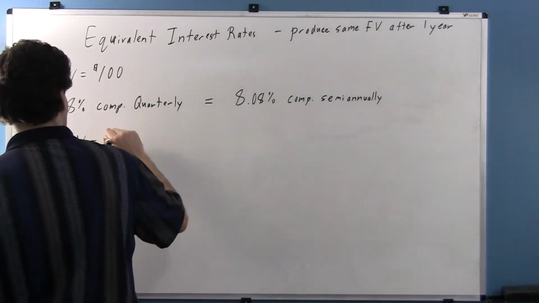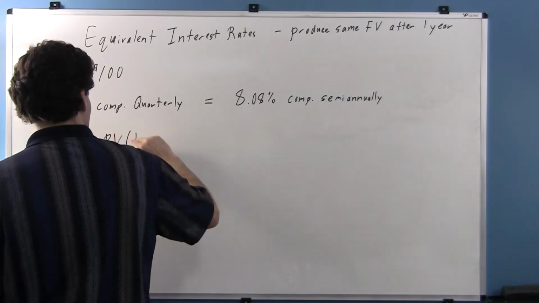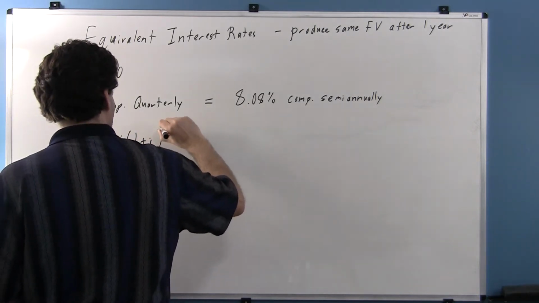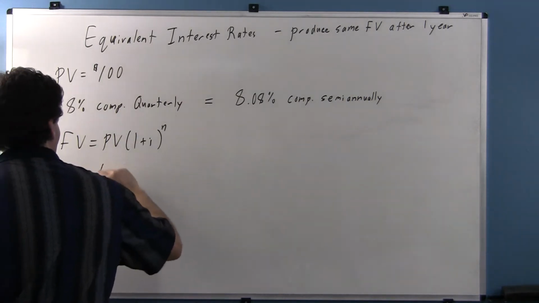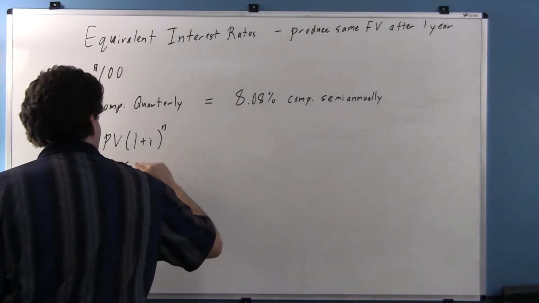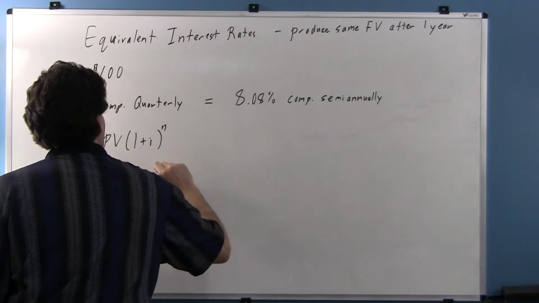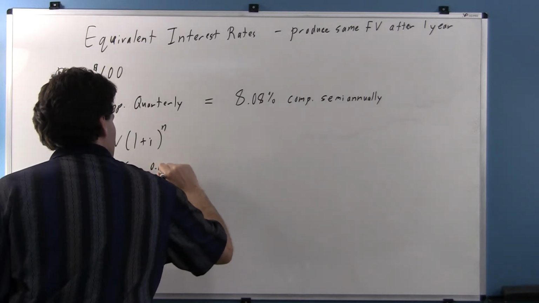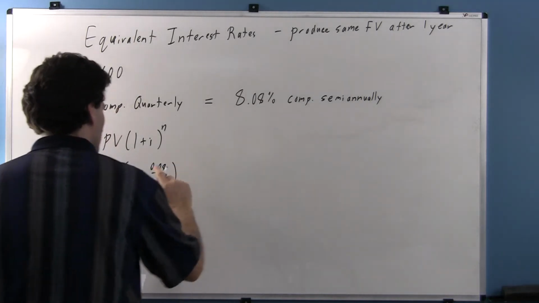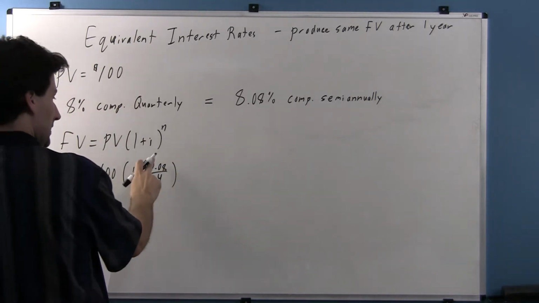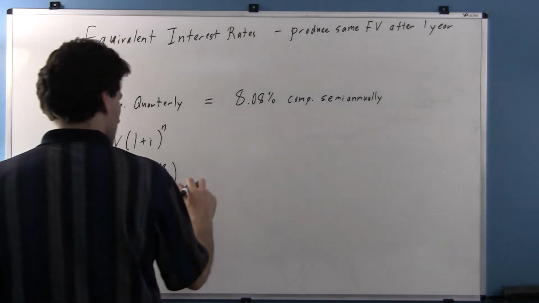Future value equals present value times bracket 1 plus i bracket to the power of n. In this case, we have $100 times bracket 1 plus 0.08 divided by 4. So 8% compounded quarterly, so 8% divided by 4.